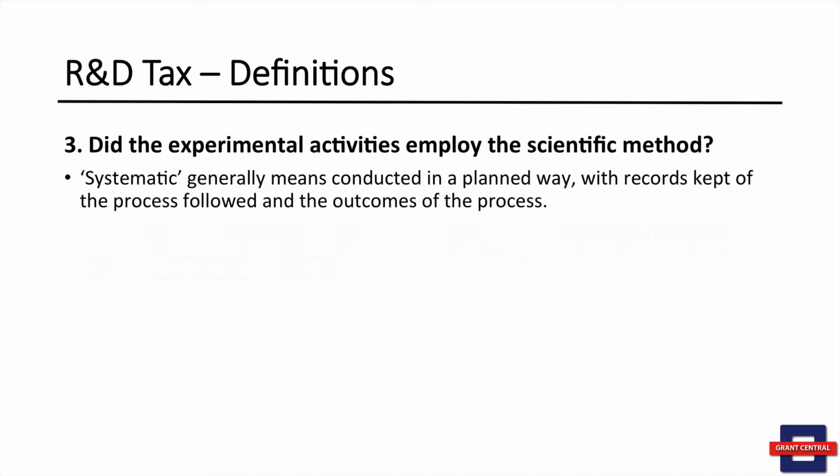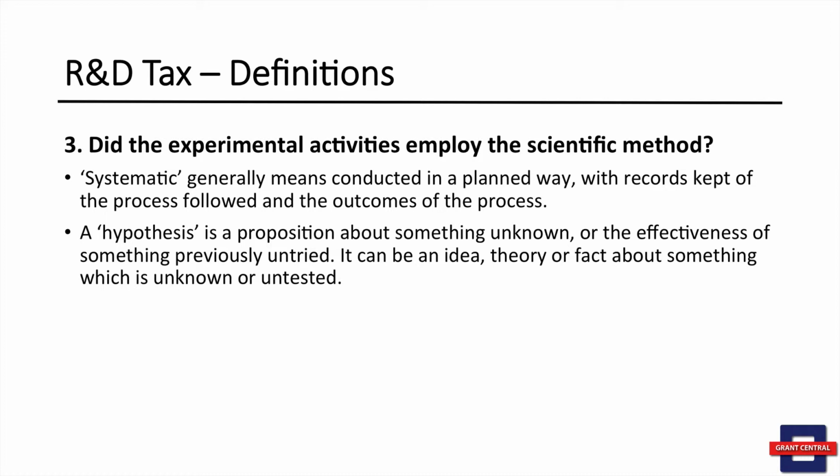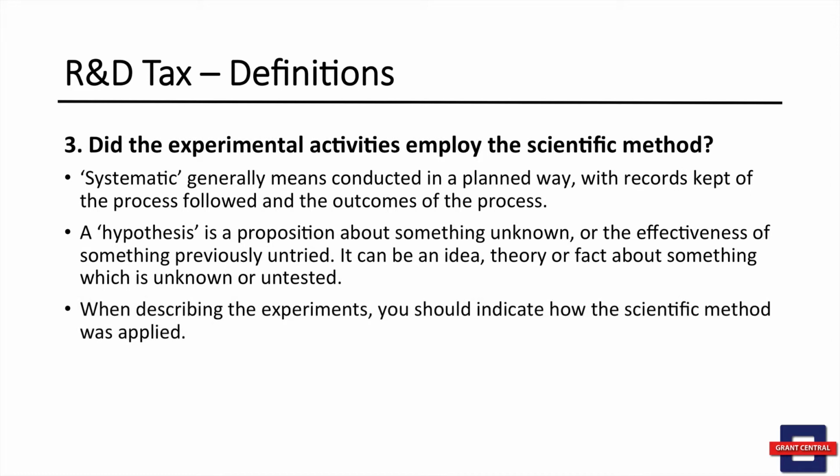A hypothesis is a proposition about something unknown or the effectiveness of something previously untried. It can be an idea, theory, or fact about something which is unknown or untested. When describing the experiments, you'll be asked to indicate how the scientific method was applied.